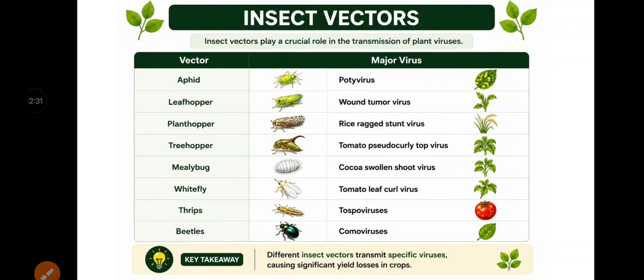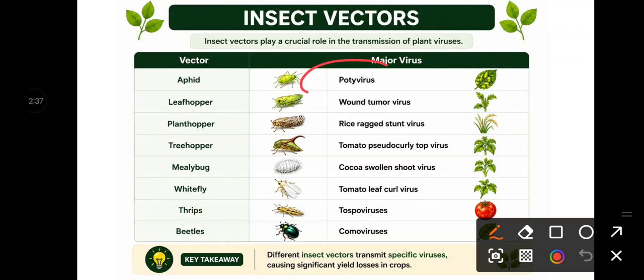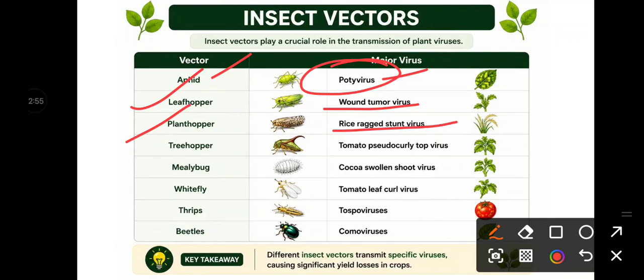So the aphid vector is the most important vector for the potyviruses, the potato virus Y family. Mostly transmitted by aphids only, these potyviruses. Then the leafhopper transmitting the wound tumor virus, the planthopper transmitting the rice ragged stunt virus, the treehopper transmitting tomato pseudo-curly top virus.